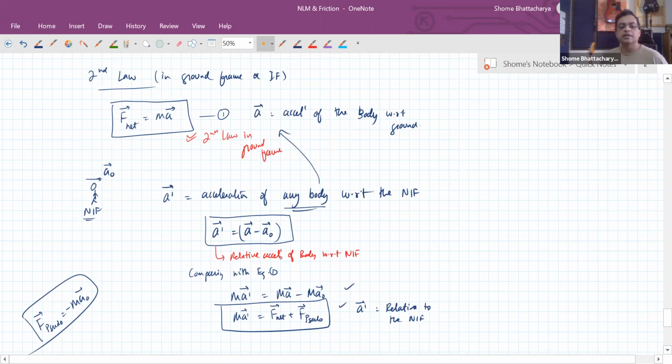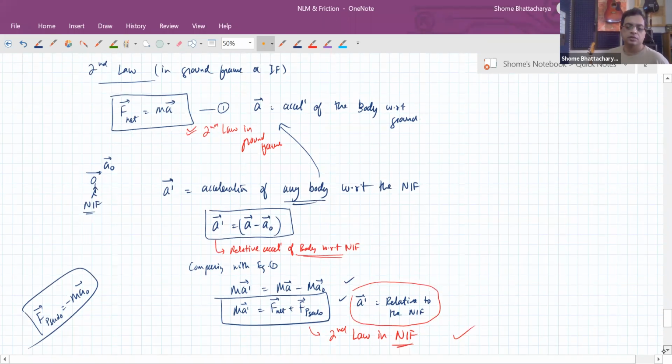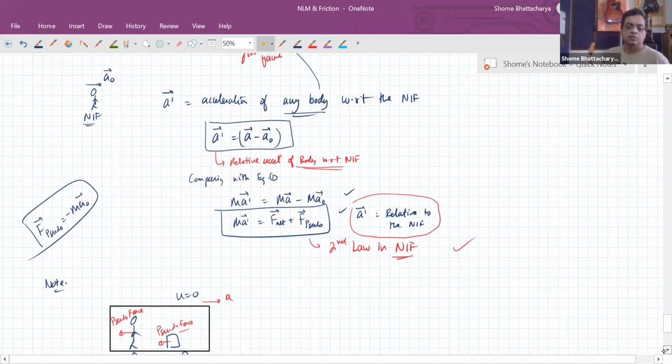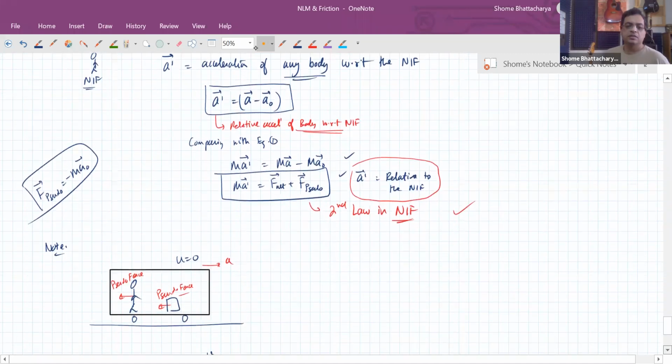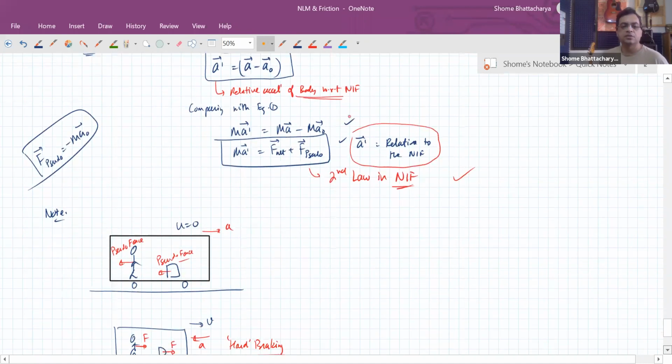Then we analyze this with respect to the concept of relative motion. So we got Newton's second law in the non-inertial frame, because we are relating it with the acceleration with respect to the non-inertial frame, or the relative acceleration. So we get this kind of relationship here.